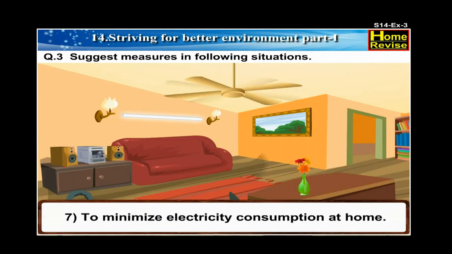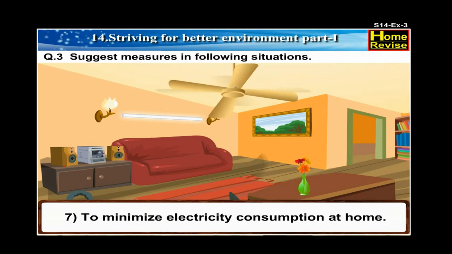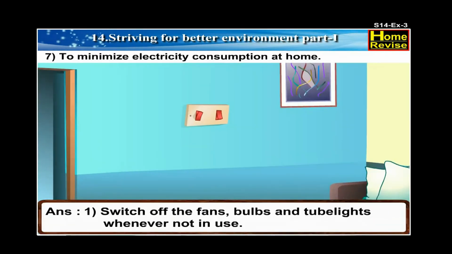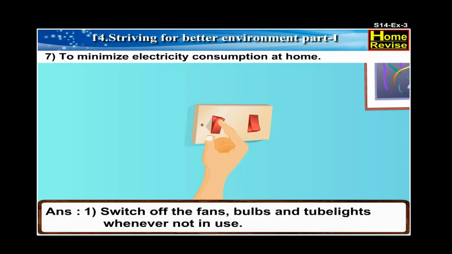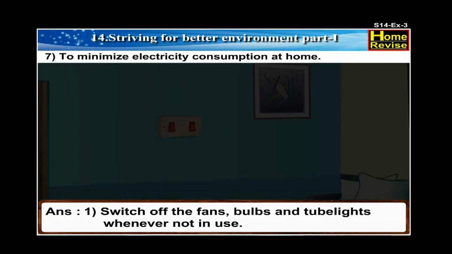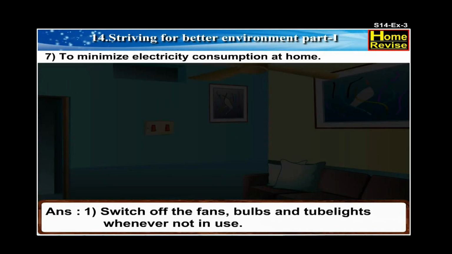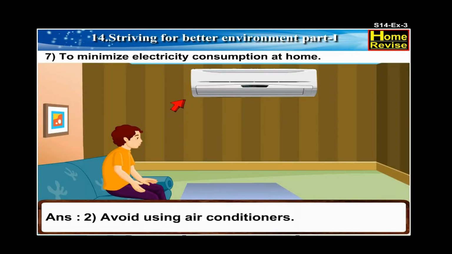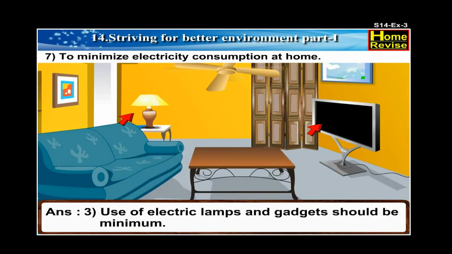Seven. To minimize electricity consumption at home. Answer. 1. Switch off the fans, bulbs and tube lights whenever not in use. 2. Avoid using air conditioners. 3.